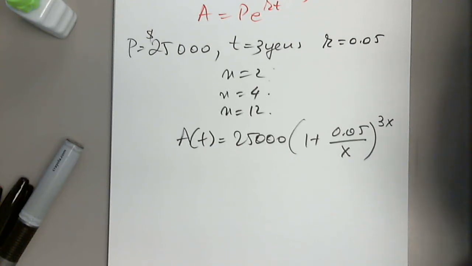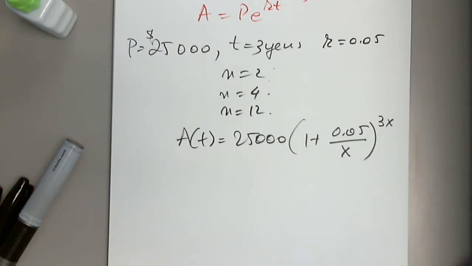Okay, so in y equals, I have to change this table set. It goes to default all the time when I turn it off. So in y equals 25,000, in parentheses, 1 plus 0.05 divided by x, close the parenthesis, put the power, and you know me, I have to have parentheses, 3x, close the parenthesis. It may work without, but I won't take the chance myself. It's up to you.